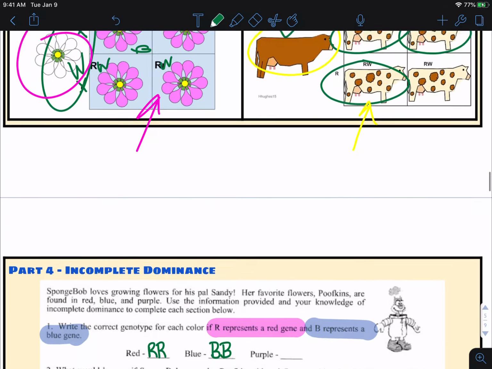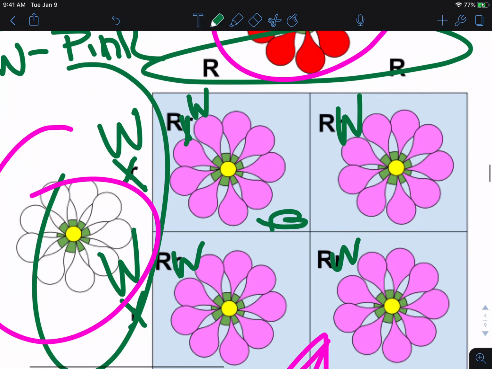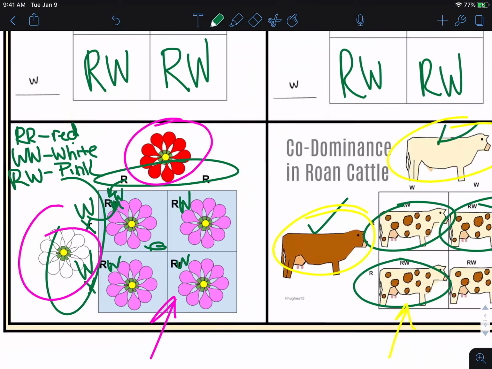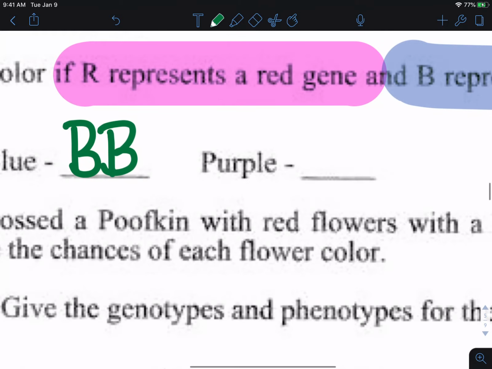So if we go back up and we see from the example that pink was not PP, it is RW. It was a combination of red and white. It's both of them. So purple down here has to be a combination of red and blue.